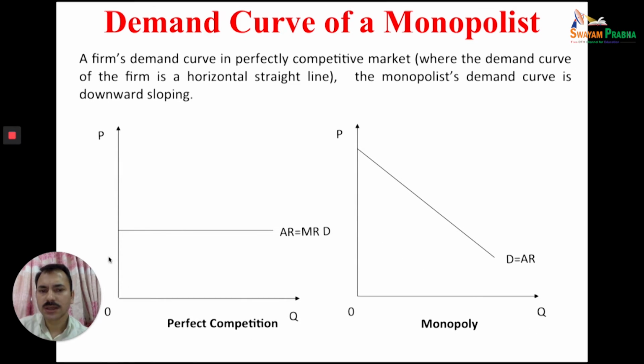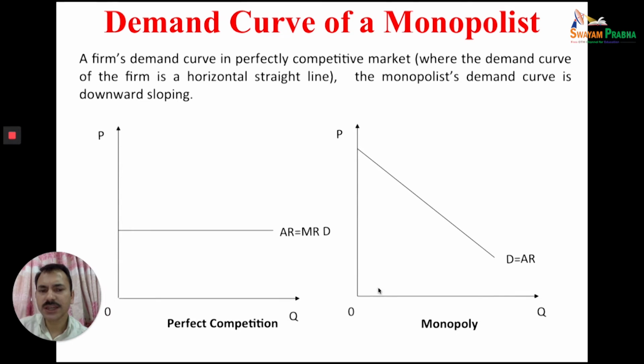See the first diagram, perfect competition, where the demand curve of the firm is a horizontal straight line, equal to MR, marginal revenue, and this is equal to demand.